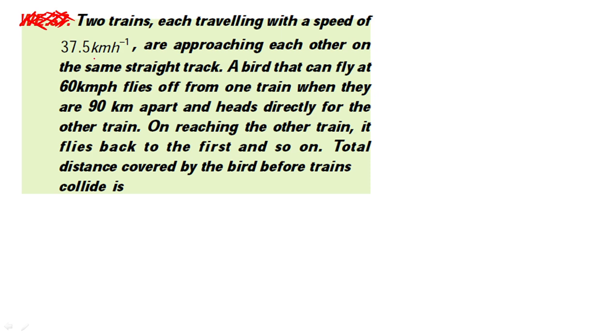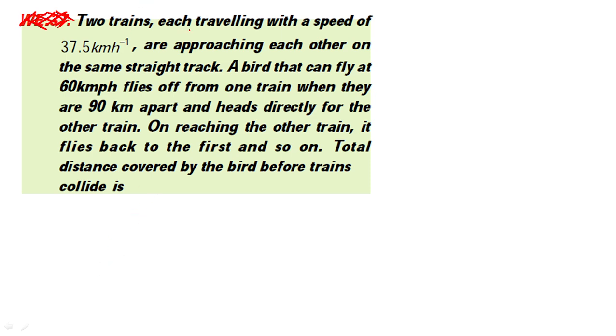Shall we solve this question? So what is that here?